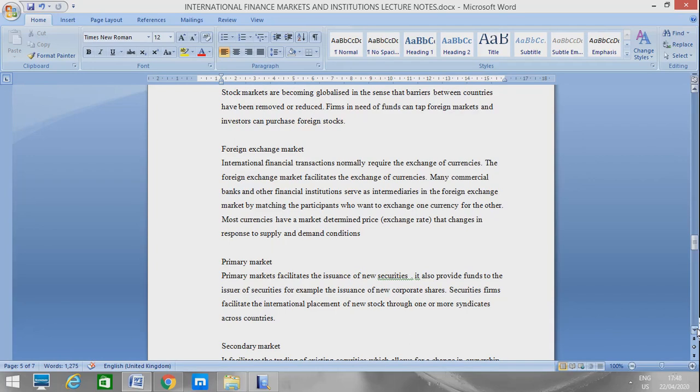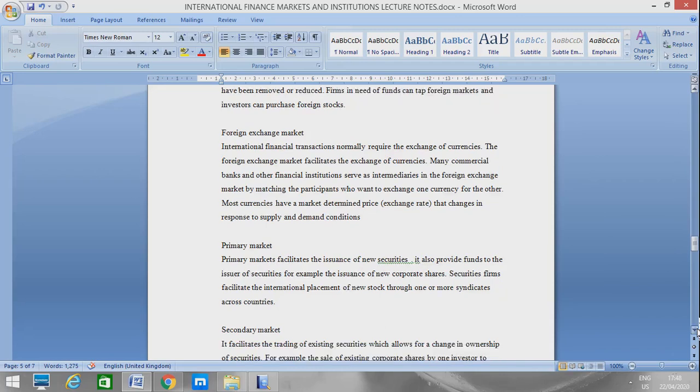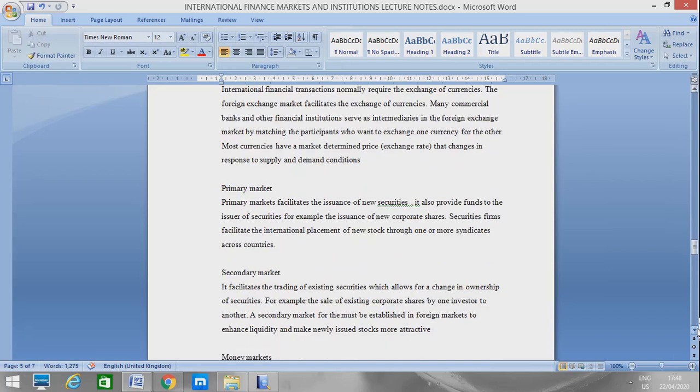Then we go to the pension funds. The last one is the pension funds. Pension funds accumulate funds to meet the future pension liabilities of a particular organization to its employees. Employees and employers make contributions to the fund, and after retirement that is when they get their funds back.